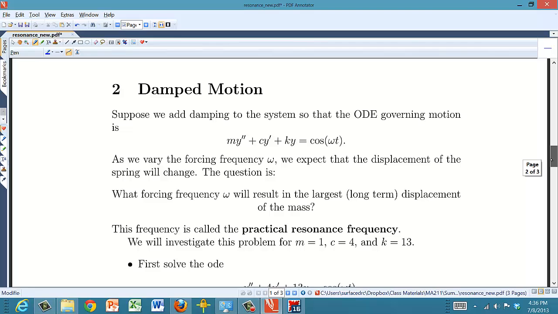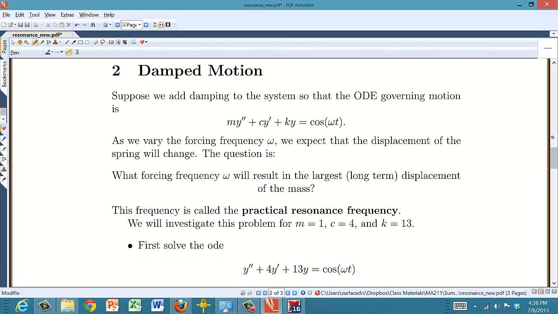So let's move on a little bit. Pure resonance is interesting because you can go from having these nice bounded solutions to solutions that grow with time, but really there aren't physical systems that are undamped, so it's not so exciting. I want to see what happens if we add damping to the system.